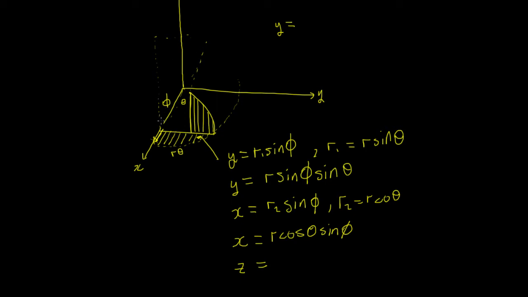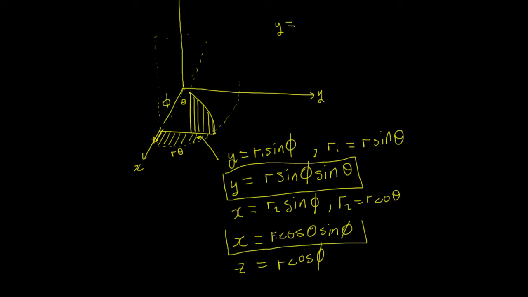So this would be r cos phi. So then we would have our three equations that we were looking for. There's one there, and there's another one there, and that's our third equation there. So that's the three equations we were looking for.